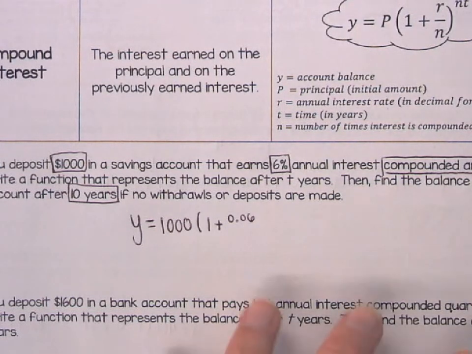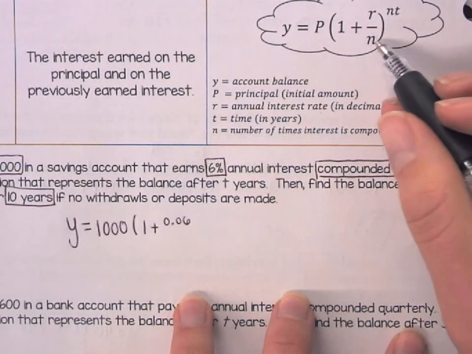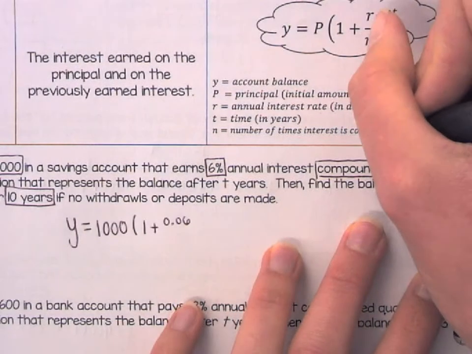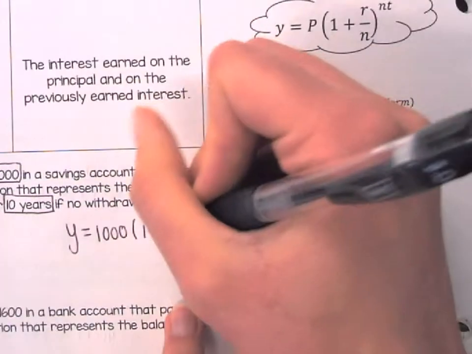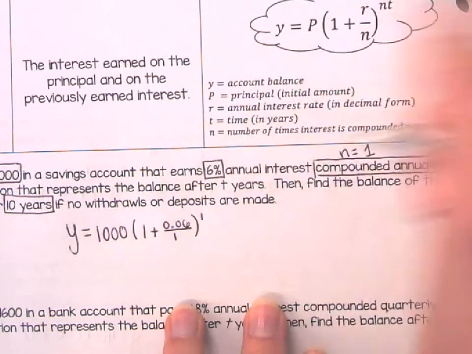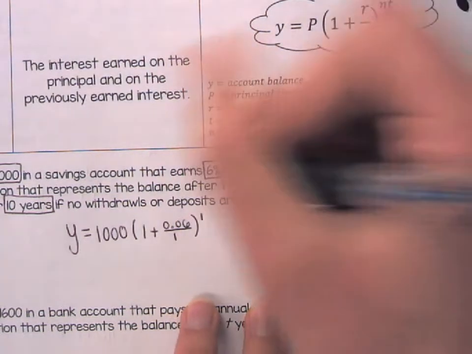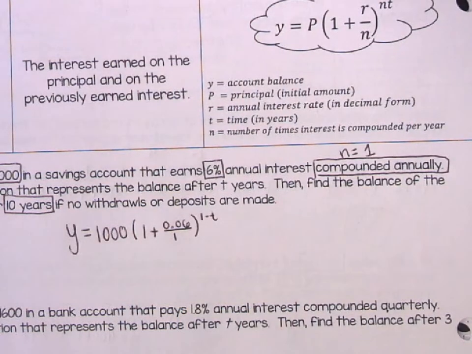It's compounding annually, so that's going to be our n value right here. The number of times per year, since it's just annually, our n value equals 1. It happens once, so we're going to do 0.06 over 1. And we put that 1 up there again because we use our n twice, times our t value. And that would give us our function.